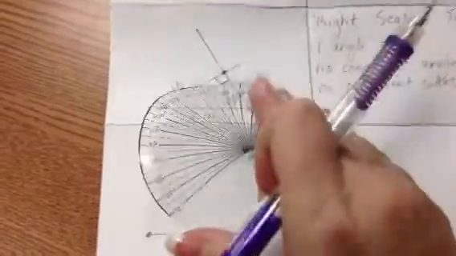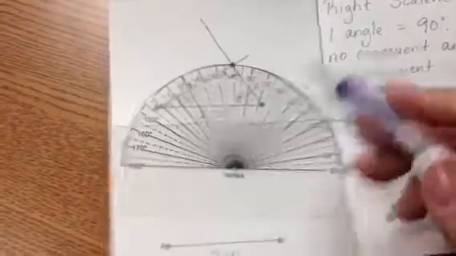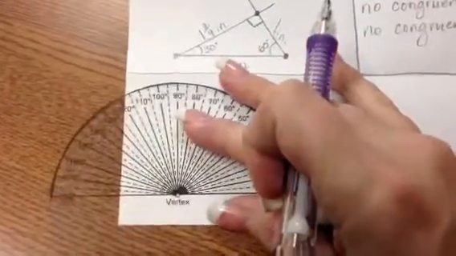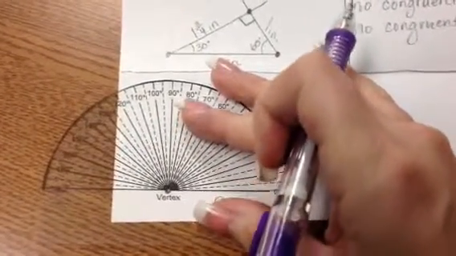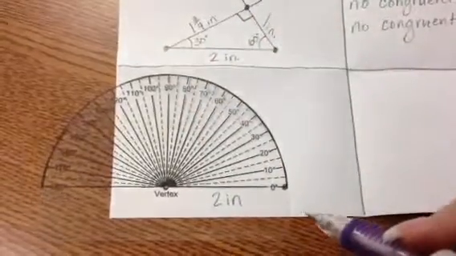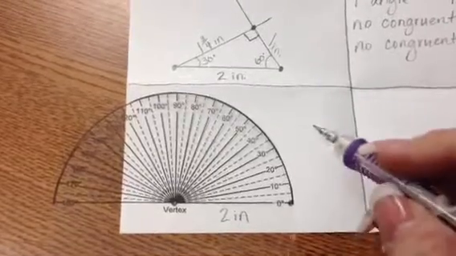So now what we're going to do is take your protractor, take the open circle that is labeled vertex, put it on the left end point, making sure that your line segment goes through the 0, and we're going to make a 45-degree angle.